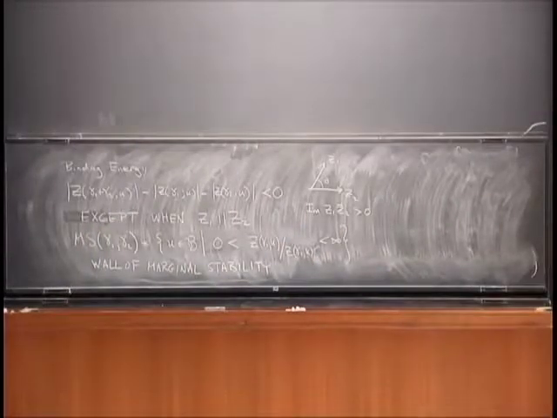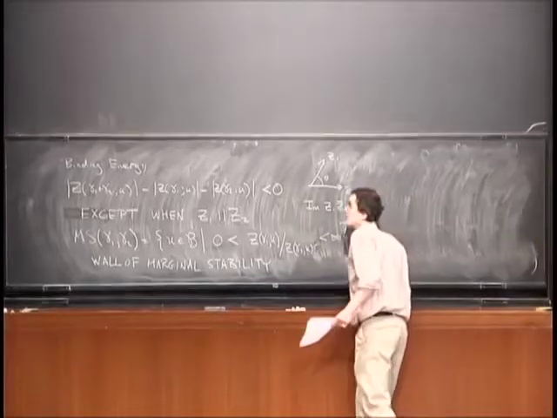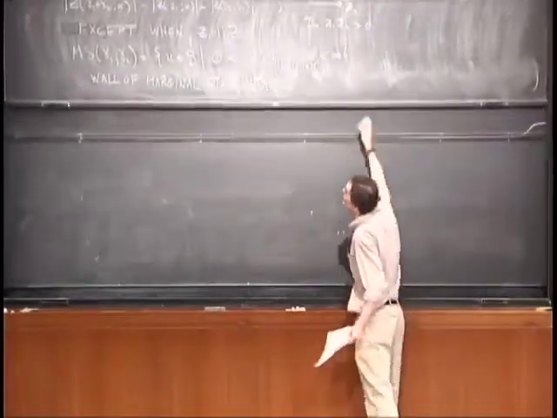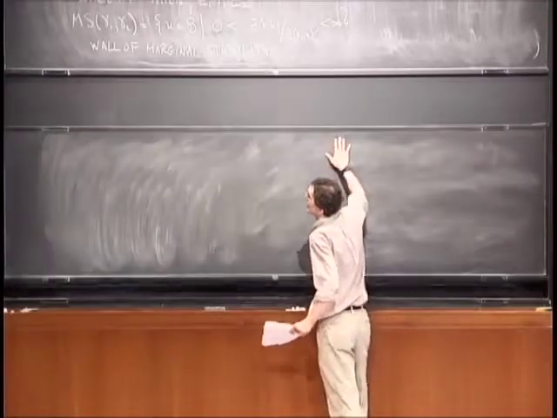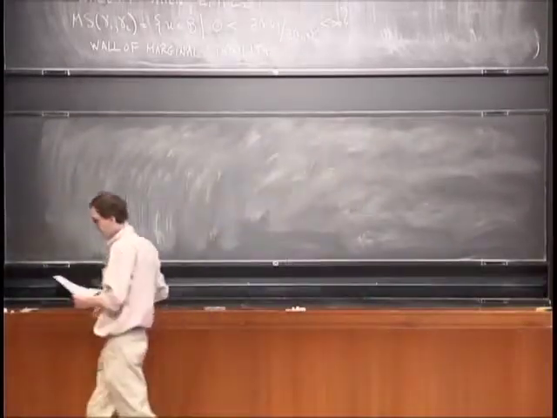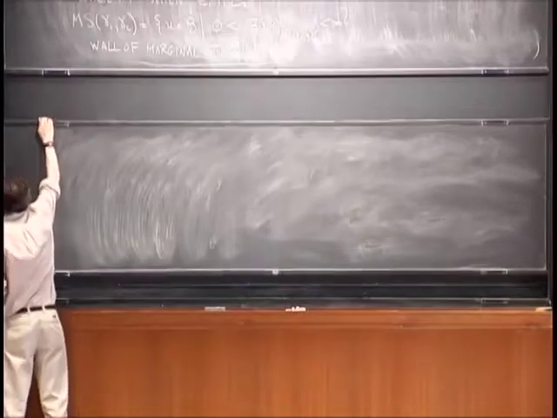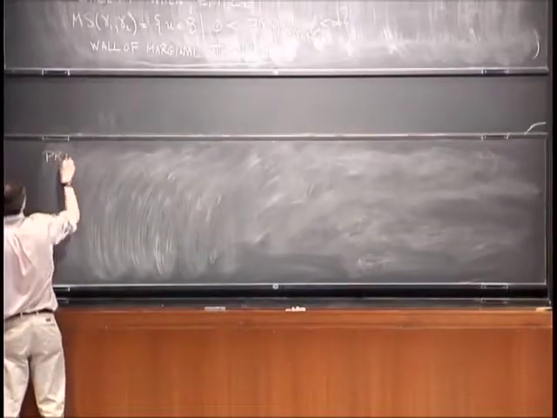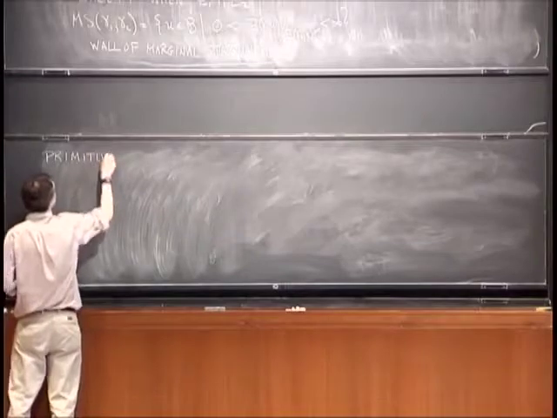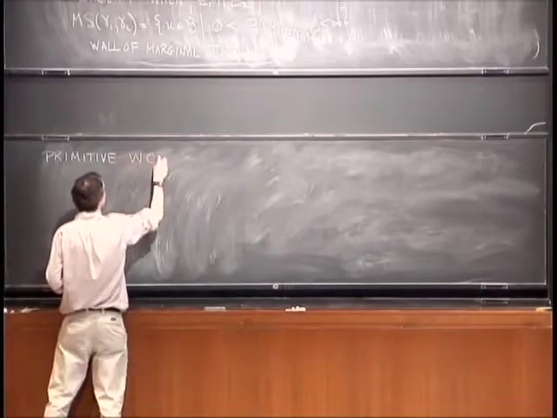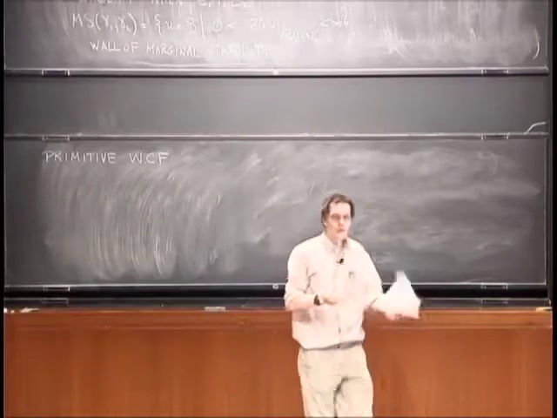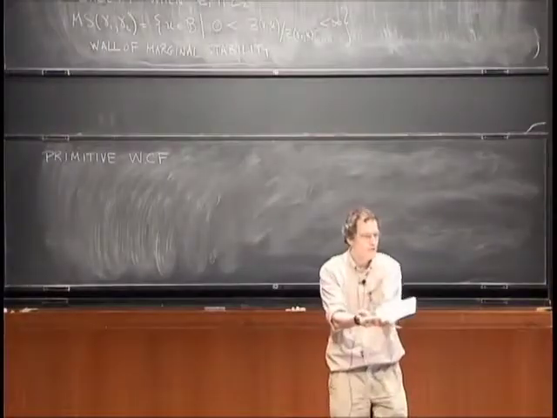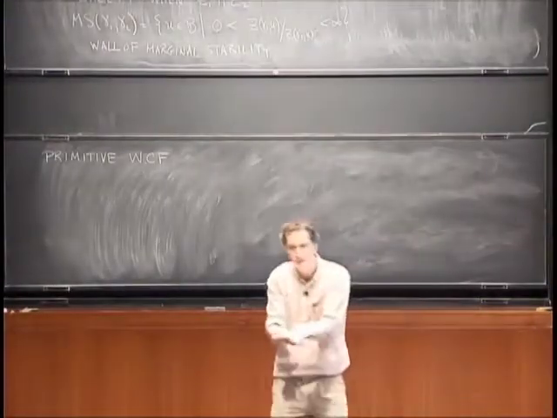Okay, so now we finally come to what was to have been the conclusion of lecture 1, which is the primitive wall-crossing formula. So supposing we have in this room one of these bound states of gamma 1 and gamma 2.